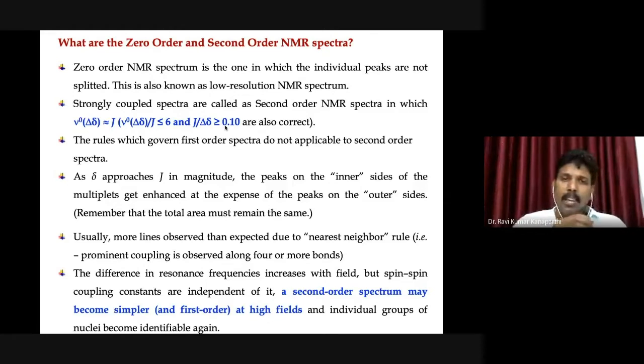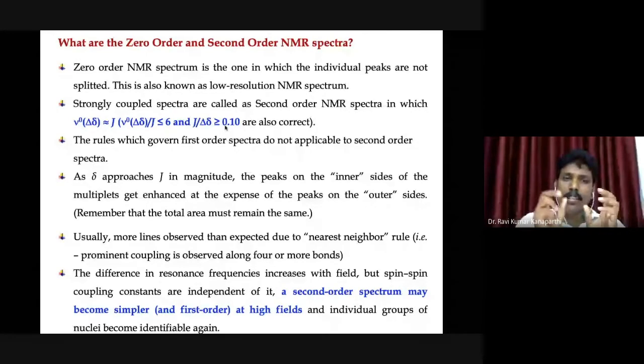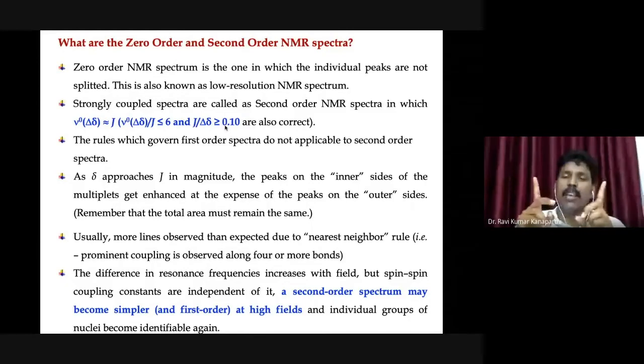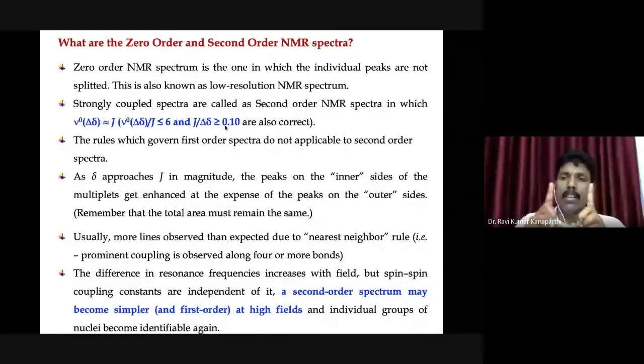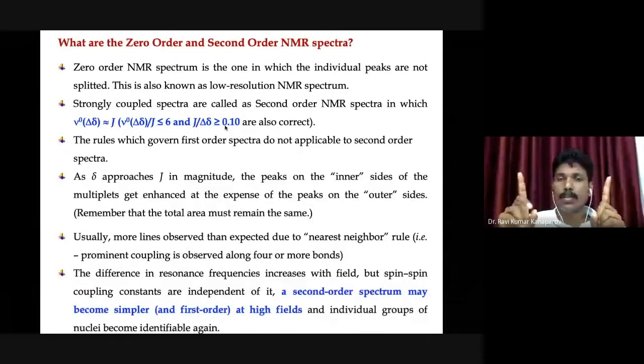Then there is another typical nature that we encounter in most cases: if the difference is reducing and approaching the value of the coupling constant, the individual lines will tend toward each other. Suppose I have two NMR peaks here, and imagine these two peaks have coupling, so each is split into, let's say, a doublet.